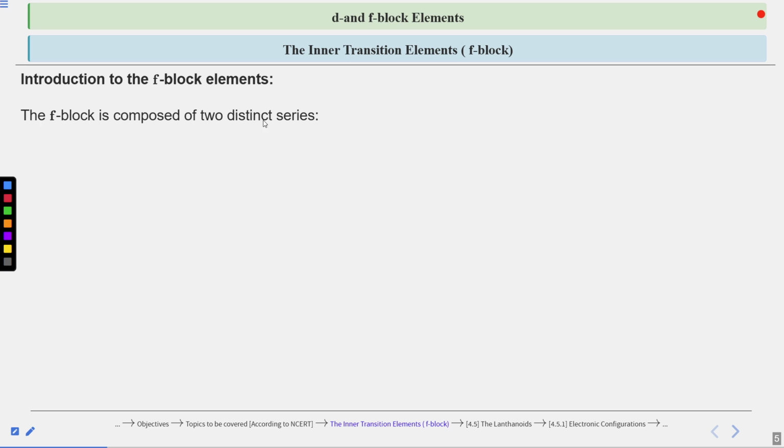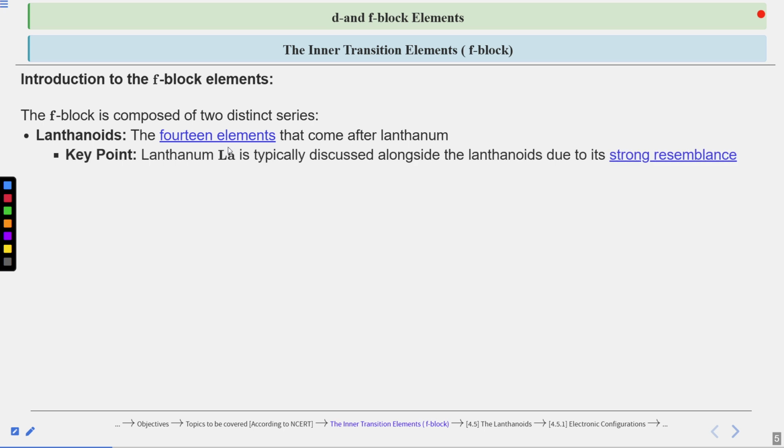The first one is lanthanoids, in which 14 elements come after the lanthanum element. The key point is that lanthanum, symbol La, is typically discussed alongside the lanthanoids due to its strong resemblance. The general symbol Ln is often used for the lanthanoids.